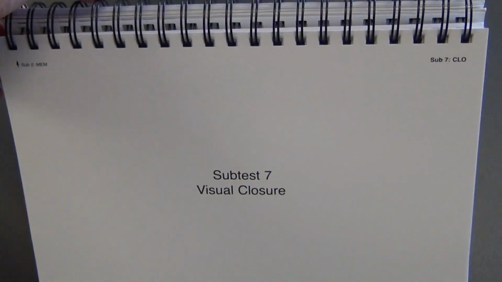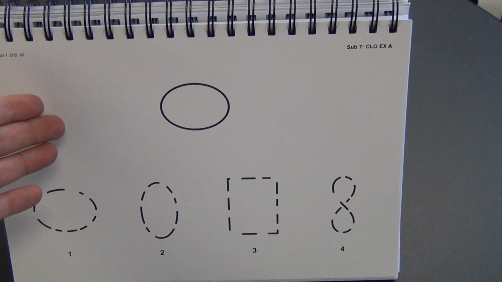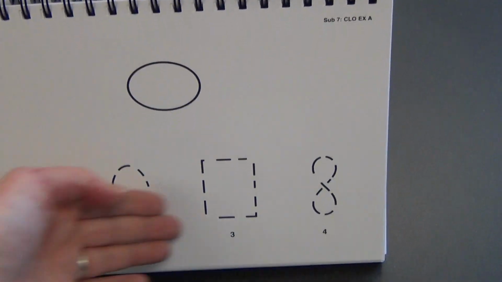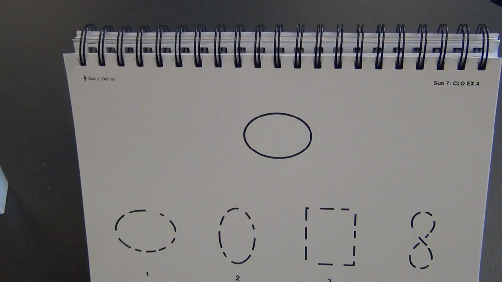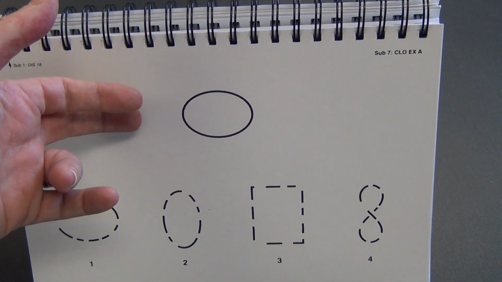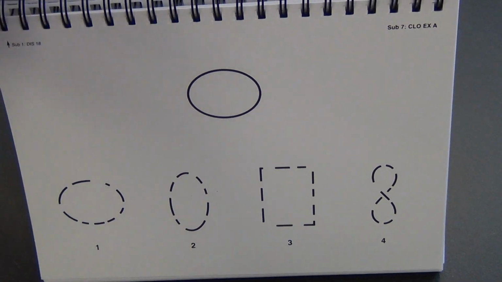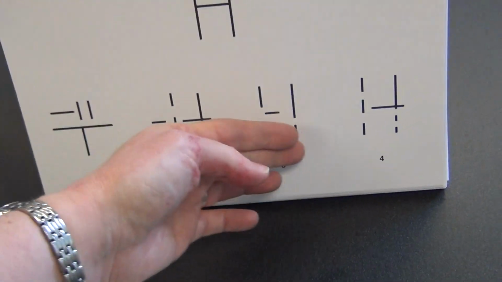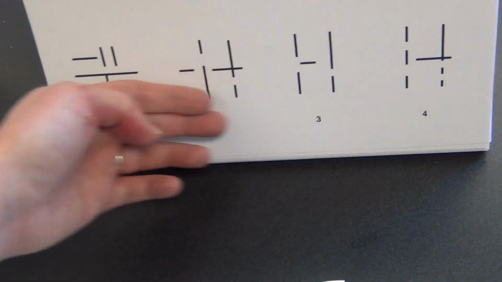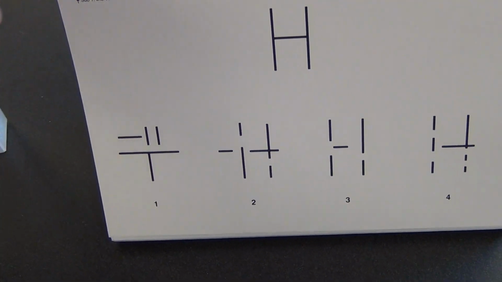And then the last subtest is visual closure. We're going to say, if these designs below were completed and not moved around, which one would look exactly like the one at the top? And the answer would be 1. Again, which one would look exactly like the one at the top?